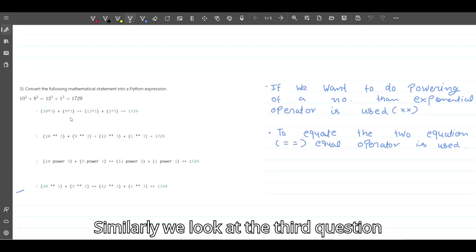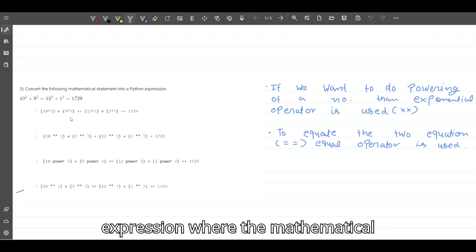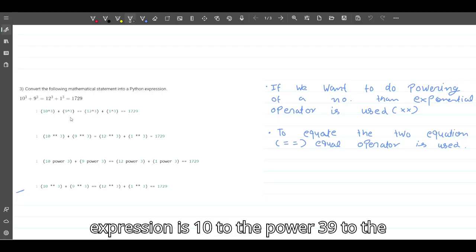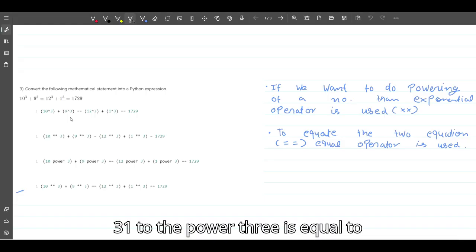Similarly, we look at the third question, which says to convert the following mathematical statement into a Python expression, where the mathematical expression is 10 to the power 3 plus 9 to the power 3 is equal to 12 to the power 3 plus 1 to the power 3 is equal to 1729.